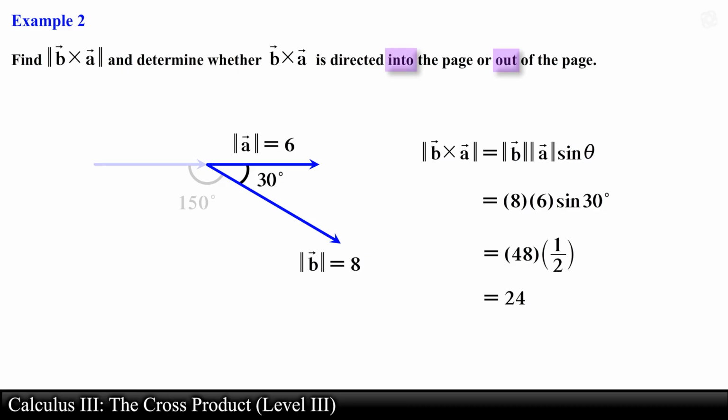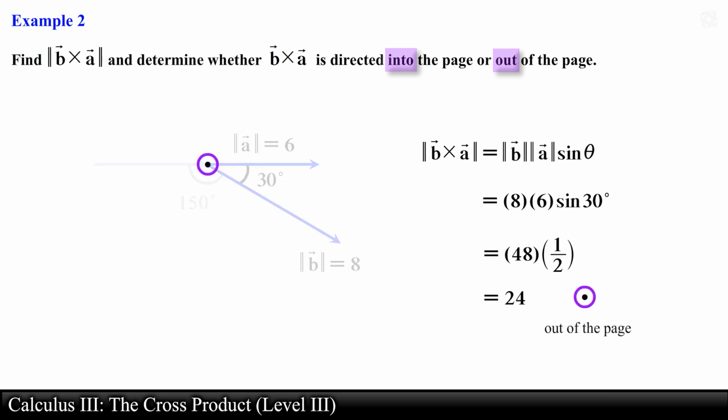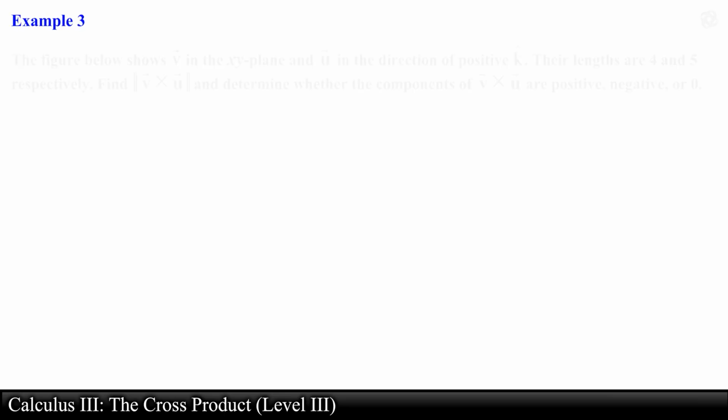Next, we use the right-hand rule to determine the direction of vector B crossed with vector A. So we point our fingers in the direction of vector B with our palms facing vector A and curl them towards vector A. In this case, our thumb will point out of the page, so we use a dot to represent this vector. Alright, let's try the next example.